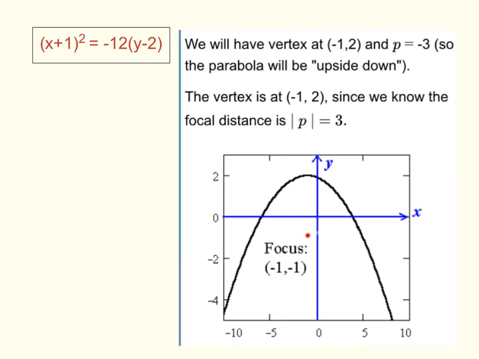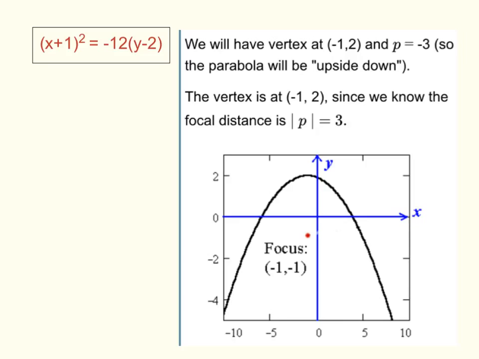And lastly, the equation x plus 1 squared equals negative 12, y minus 2 is going to be an up and down parabola because it's negative, and it's the x squared. In this case, since negative 1/12 equals 1 over 4p, then p equals negative 3.